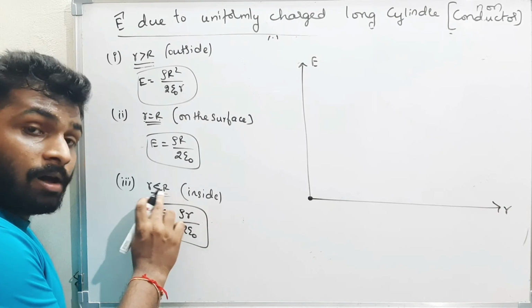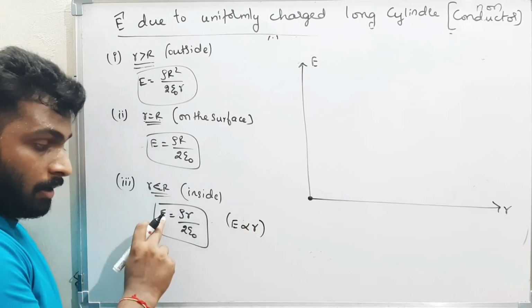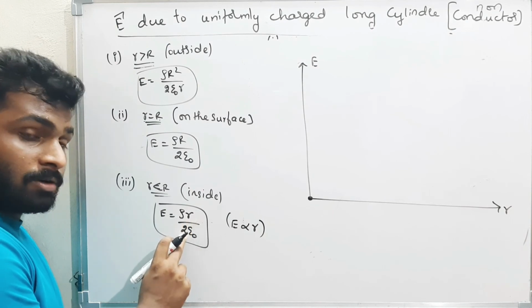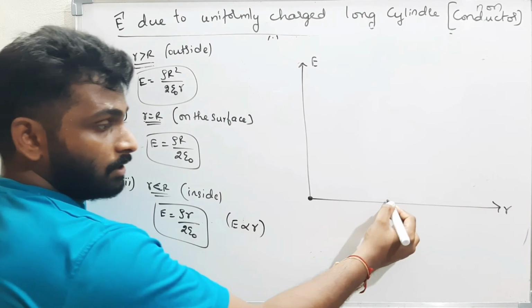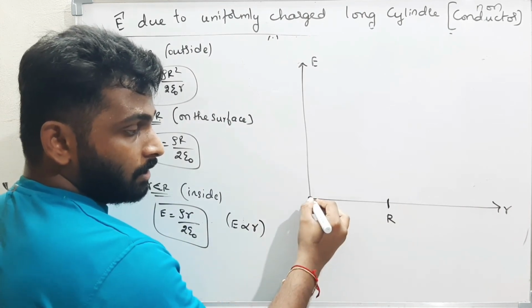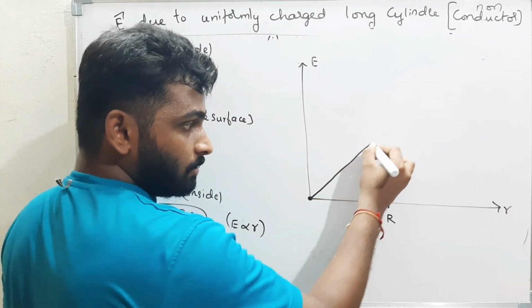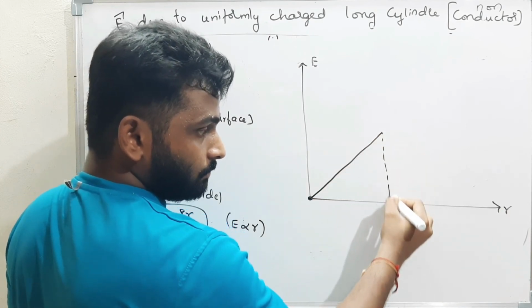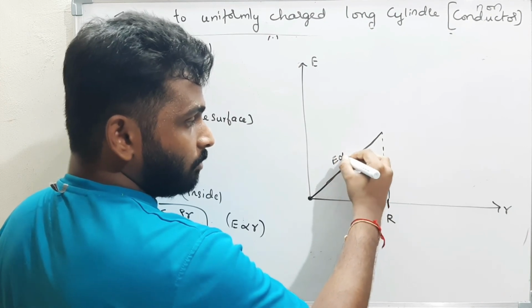When small r is less than capital R, the electric field is directly proportional to r. Rho is a constant, 2 is a constant, epsilon is a constant. Therefore, electric field is directly proportional to small r. That means till capital R, the electric field is a straight line, because here the electric field is directly proportional to r.